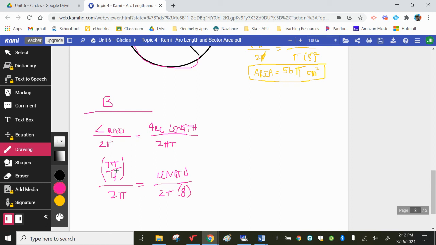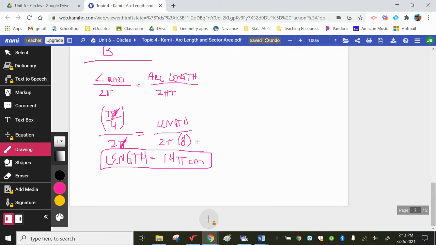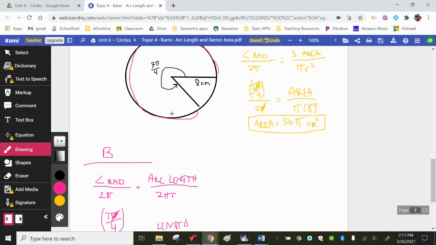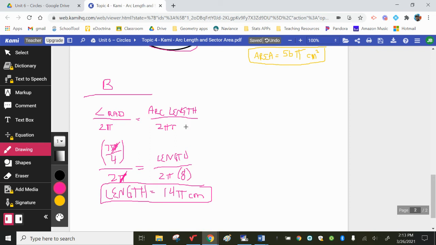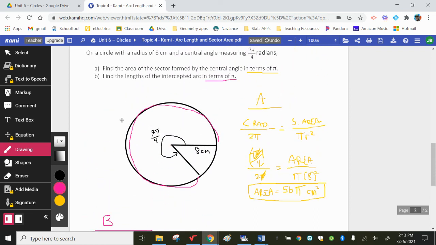So again, what happens is we have a pi right there canceling with a pi right there, and we have this same 7 over 4. We just don't have r squared, it's just 2 times r instead. So I'll go ahead and solve this, and we will see what we get. The length of that arc is 14 pi centimeters. So it's like 14 times 3.14 centimeters. There's the length of that arc.